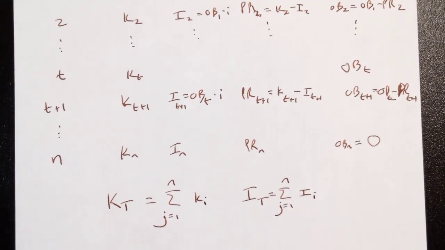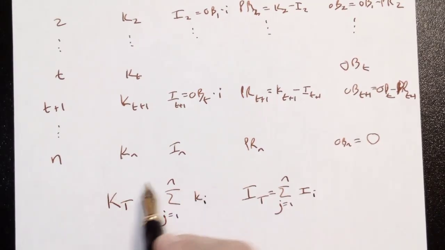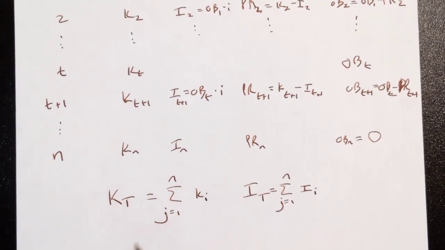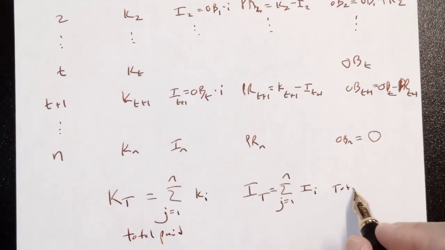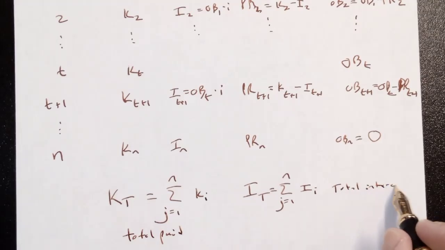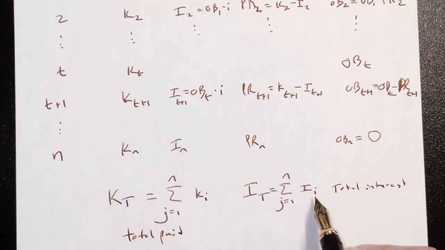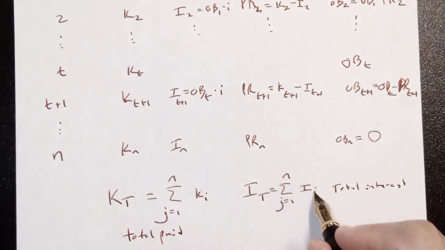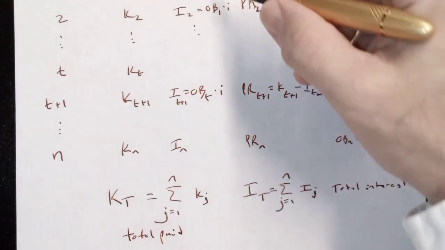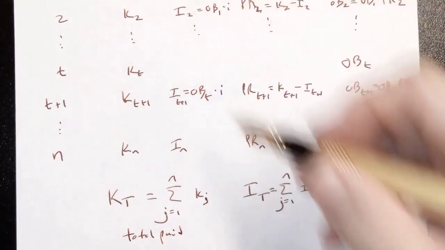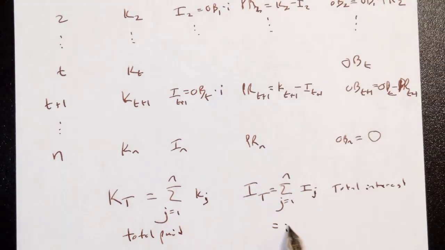Oh, wait a second. This is the total I paid. This is the total interest. But IJ is generated here. That's I times OBJ.